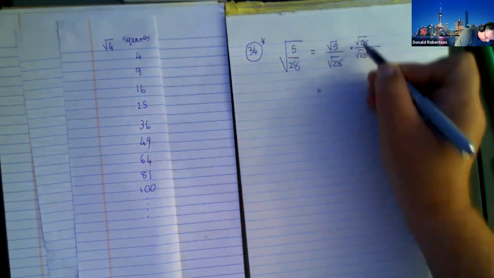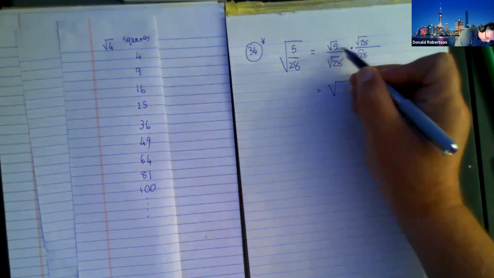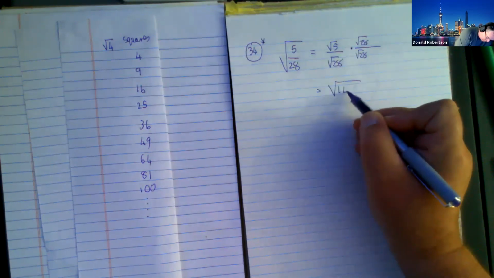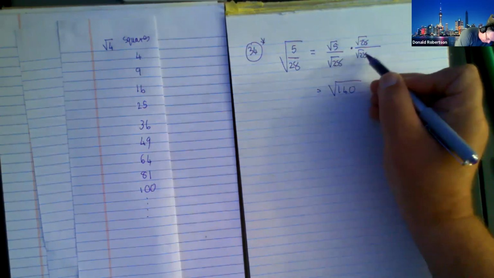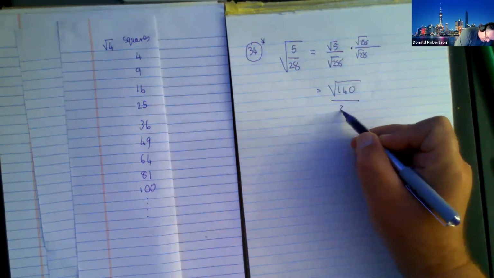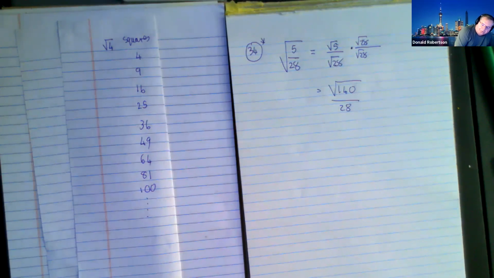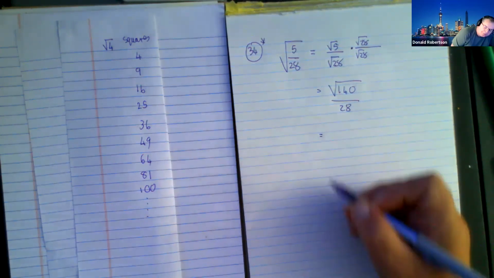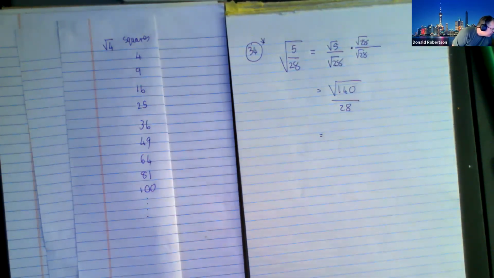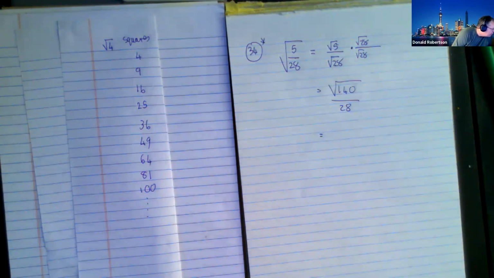Now these two square roots actually can be multiplied to a single square root of 140. And the square root of 28 times the square root of 28 just gets you 28, right? And we should always be on the lookout just in case, because you're never sure what you're going to get, and see if you can do better.